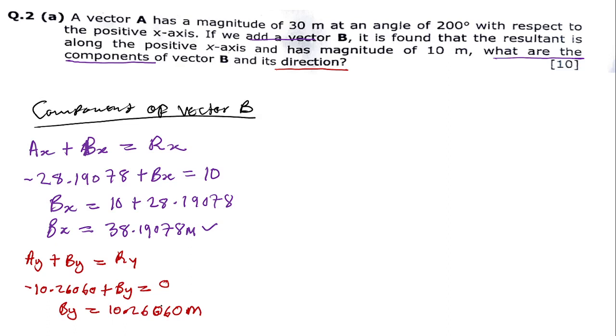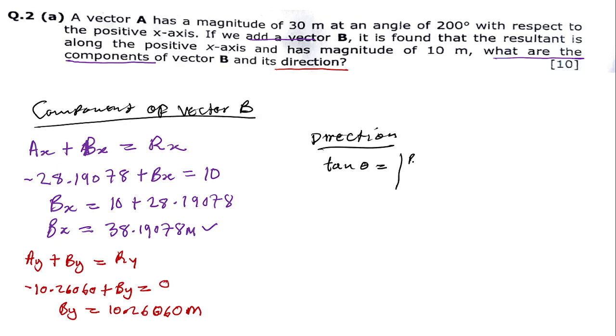what I'm going to do is use the formula. So the formula is tan theta is equal to the modulus of the y component over the x component. In this case it is modulus of By over Bx.